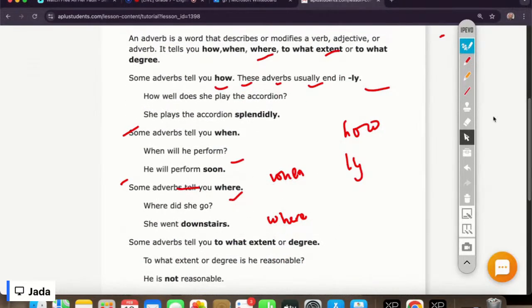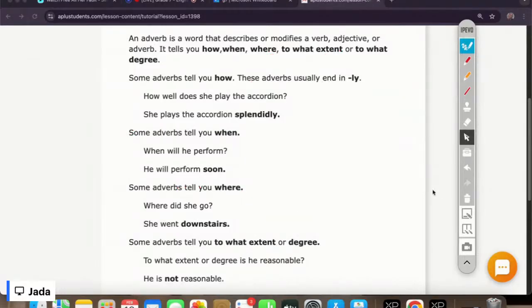So we have when. Okay. So these are the different ways that the adverb is being defined or explained.